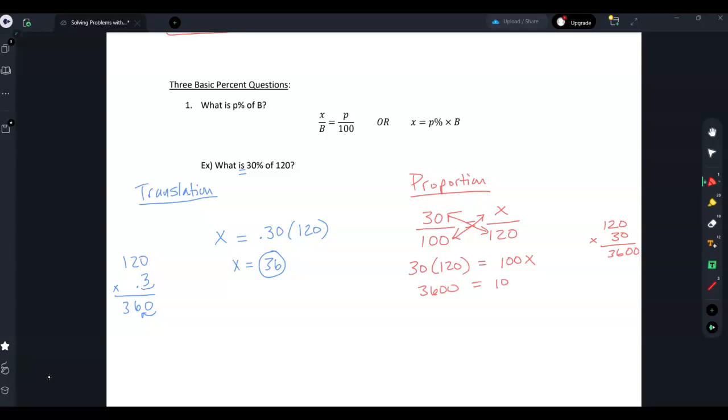So 3600 equals 100x, and then to solve that for x, I would divide both sides by 100, and that gives me 36. So you get the same answer with both methods.